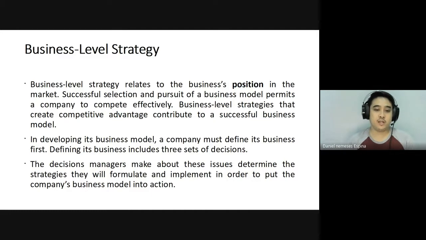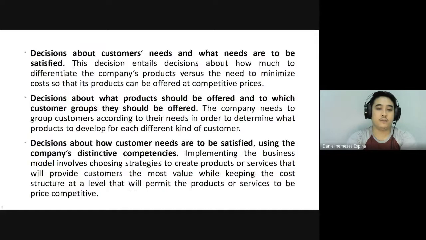To be able to develop a business model that will really fit the strategy, the managers must answer the following issues to determine how they will formulate and implement it in order to put the company's business model into action.